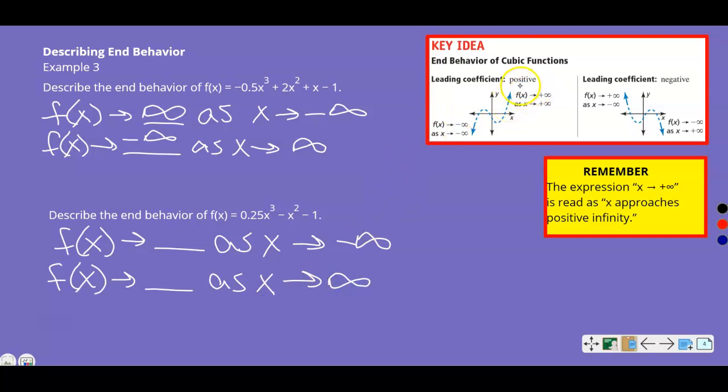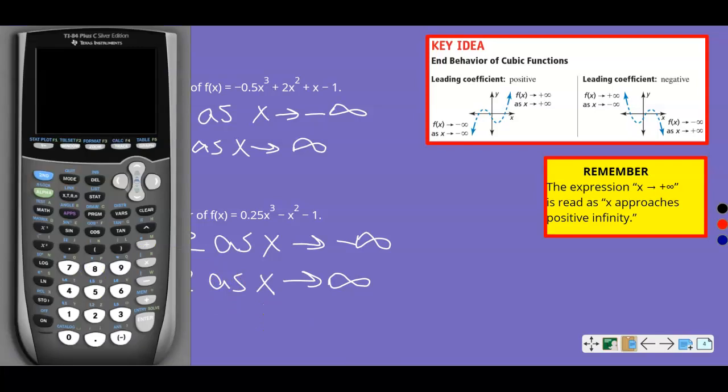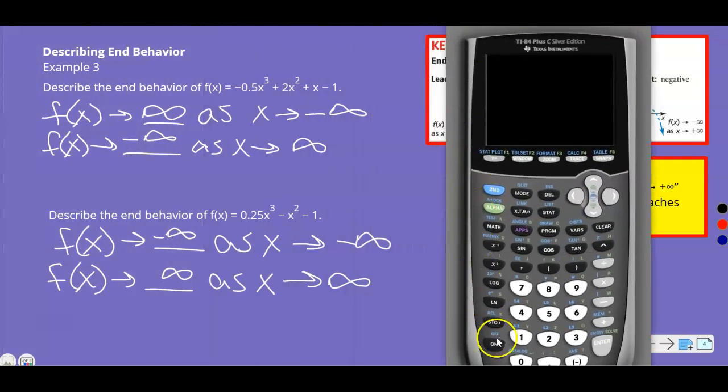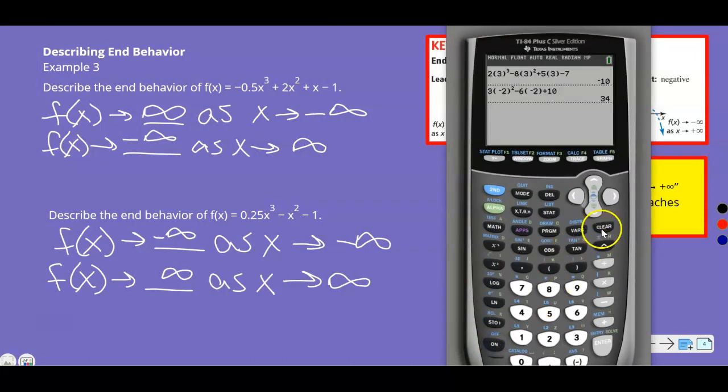All right, so when this is positive, you can see as x goes towards negative infinity, this one goes down. So this will be negative, which means this one has to be positive. These are easy to check as well. You can graph each function. Looking at the graph is always a good thing to do.